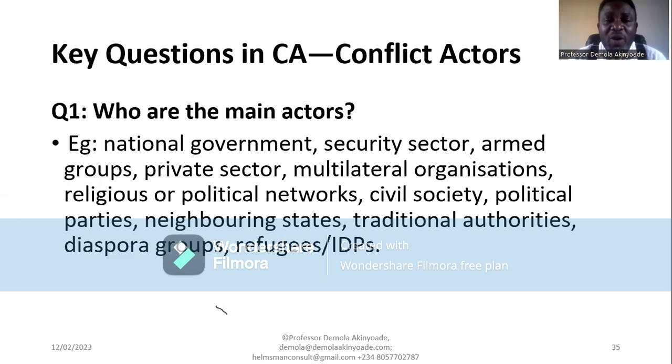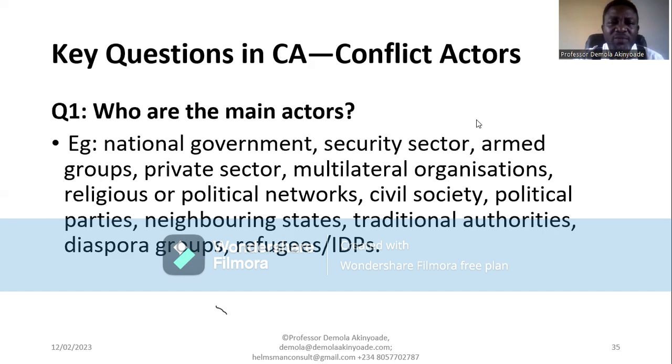It started before the election, existed during the election, and this post-election is still continuing. Who are the main actors? I expect many hands to be up now.